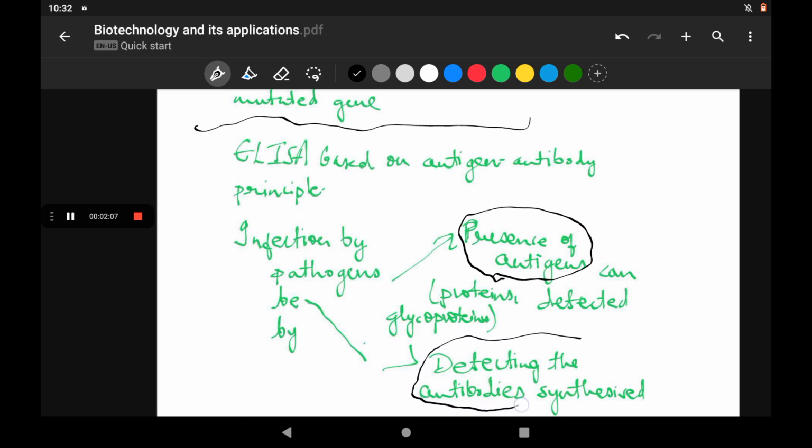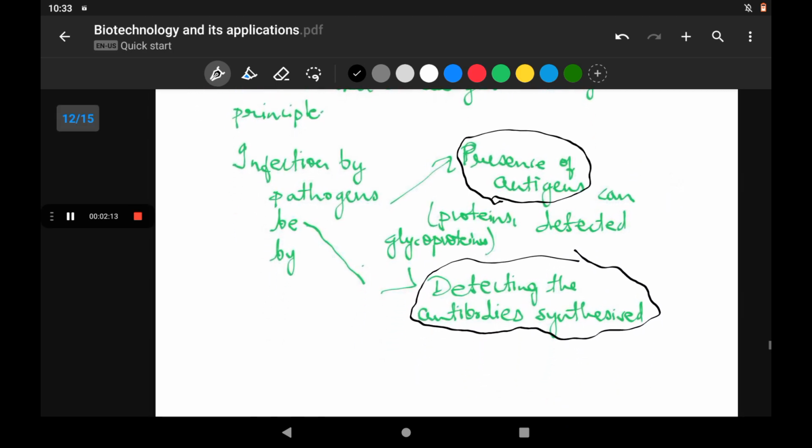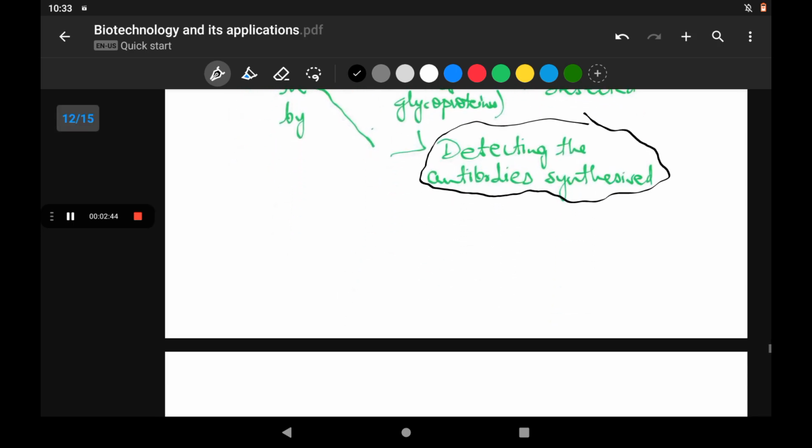Or, the indirect method is to identify the antibodies synthesized within the body, and say that these antibodies are specific to a disease, so the person is suffering from the particular pathogen. Directly, you can identify the disease by the presence of antigens, which will be proteins or glycoproteins, and indirectly you can identify the pathogens by detecting the antibodies synthesized in the patient's body against the pathogen.